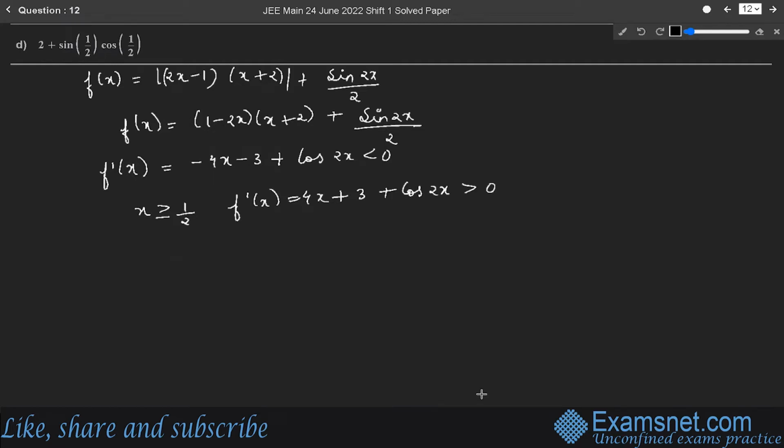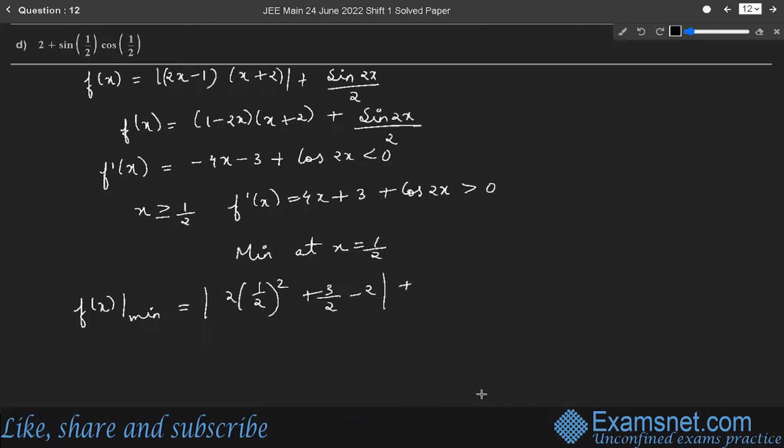So, minimum value occurs at x is equal to 1 by 2. So, f of x at minimum value will be equal to mod of 2 into 1 by 2 square plus 3 by 2 minus 2 plus sine 1 by 2 into cos 1 by 2.